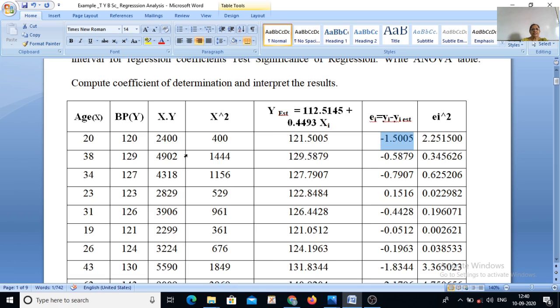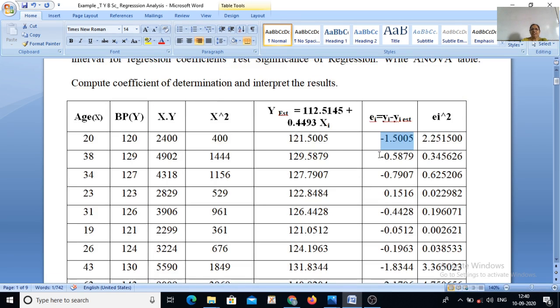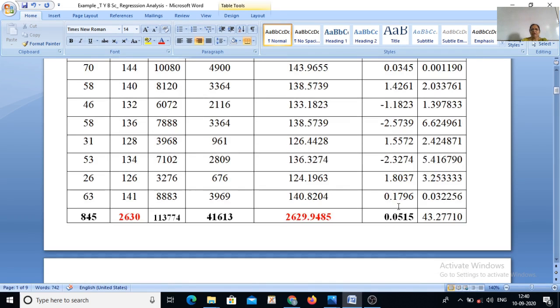Now if you take these errors for i equal to 1 to 20, I will get 20 residual values based on 20 xi values. If I add these, it is again equal to 0.